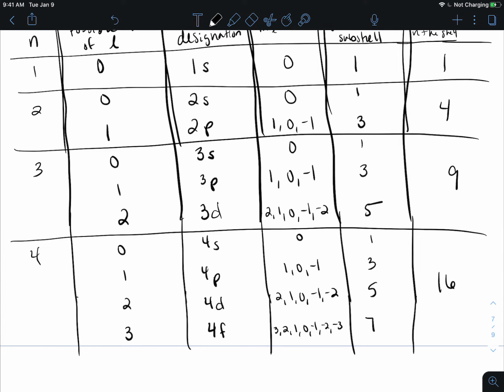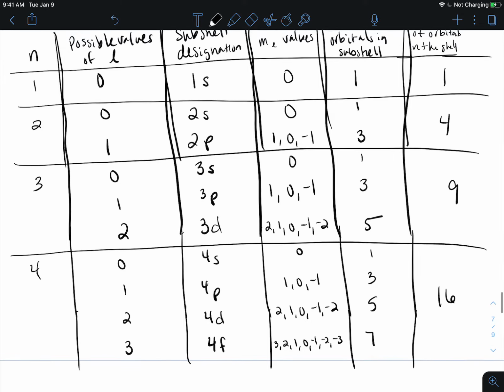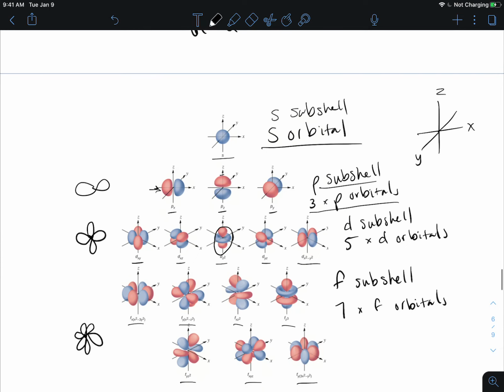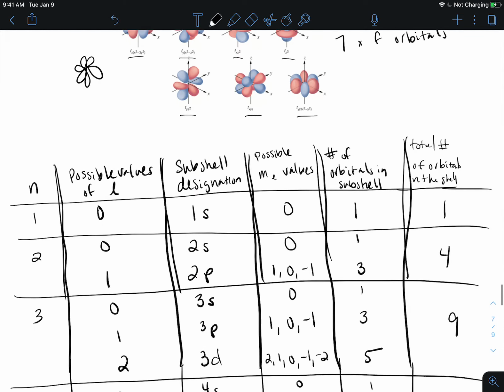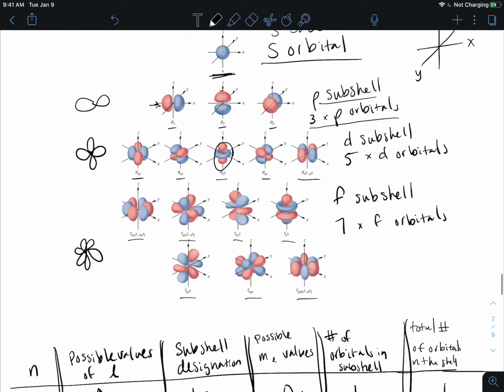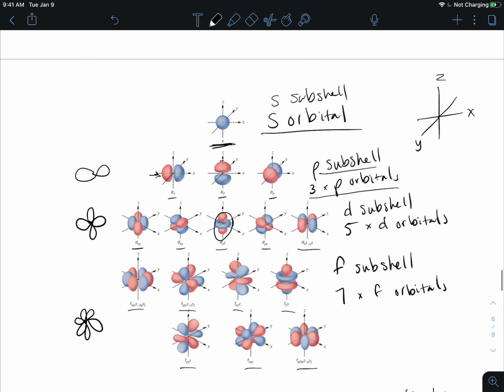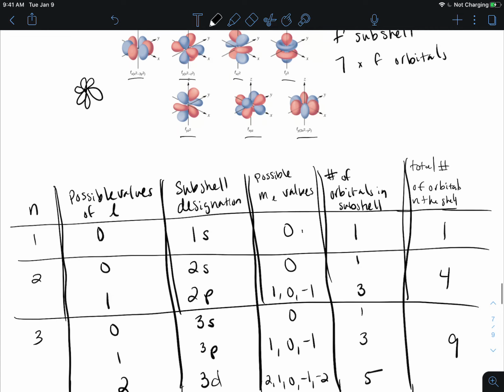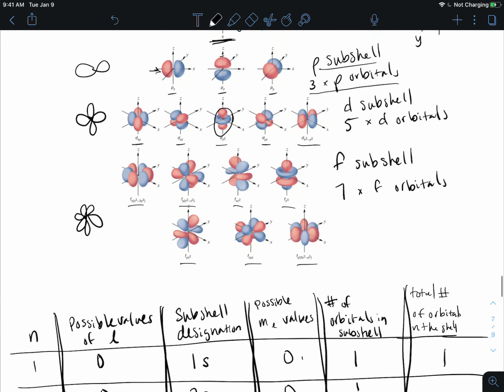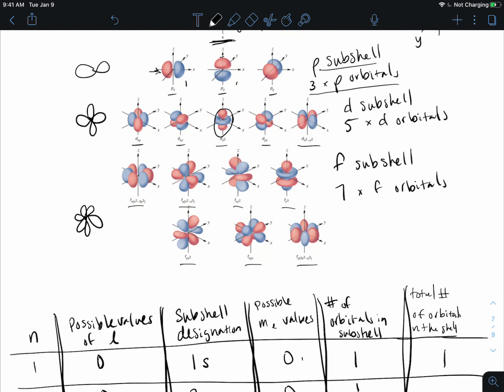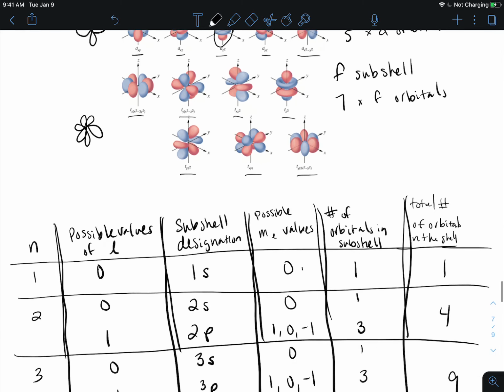Now, if we look back up here, we see that we have 1 possible orientation for our s, which is 0. We have 3 for our p, so this could be 1, 0, minus 1.